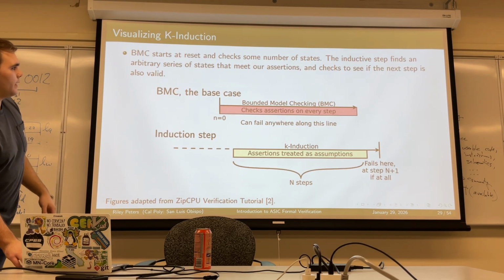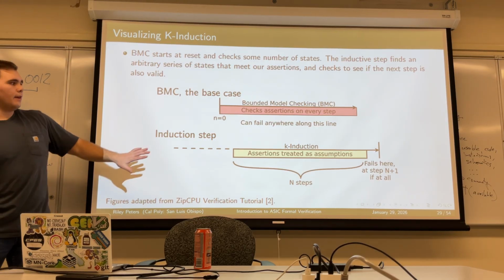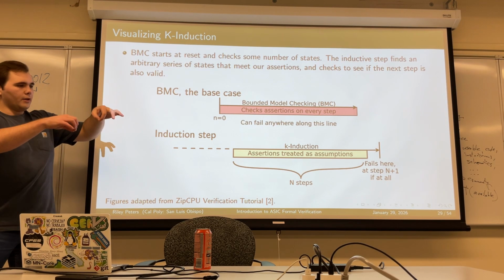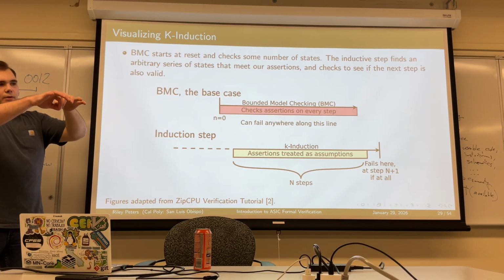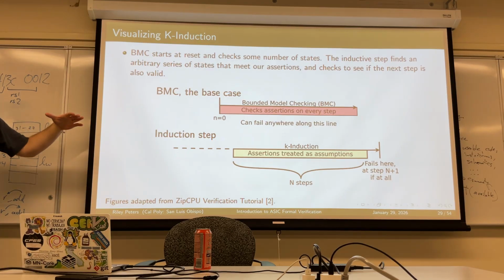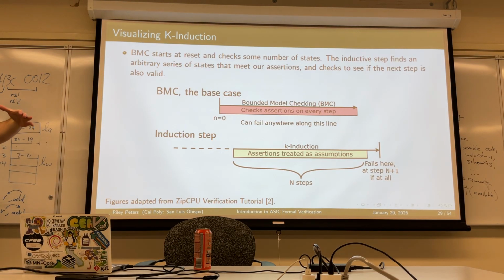What this looks like is, let's say I'm at the start state at n equals 0 for my bounded model check. I'll start there, I'll take one step, assert things are true, and I keep on doing that until I build that circle of truth in that bounded model check, giving me my base case.